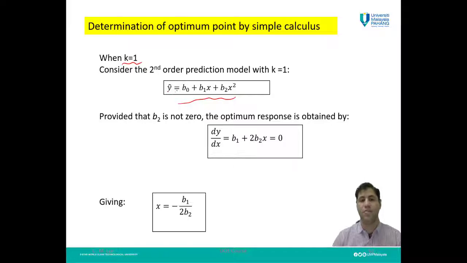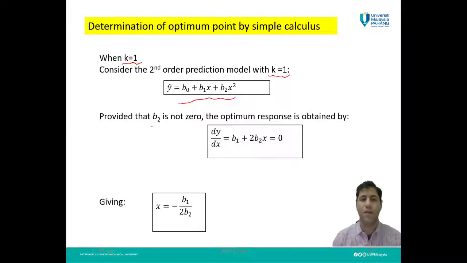This equation is a second order model to predict the response when we have only one factor. It is easy for this equation to find that stationary point. You may remember from calculus and mathematics how you can find the stationary point.